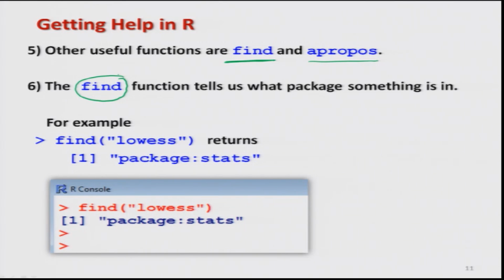For example, suppose there is a package which is called LOWESS. And suppose I want to know what is in this LOWESS. So, now if I type find, LOWESS inside the brackets and within double quotes, you will see here what I get.